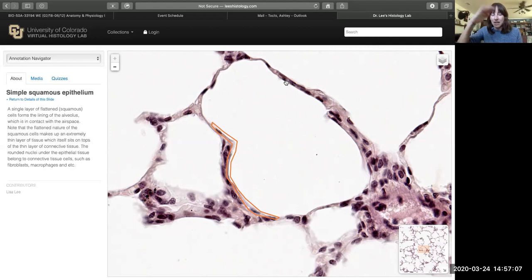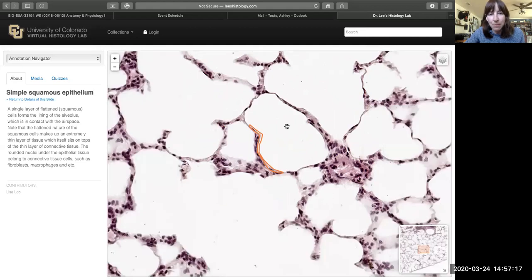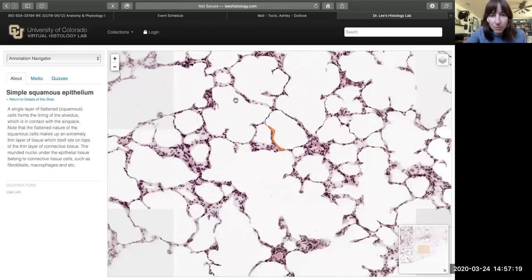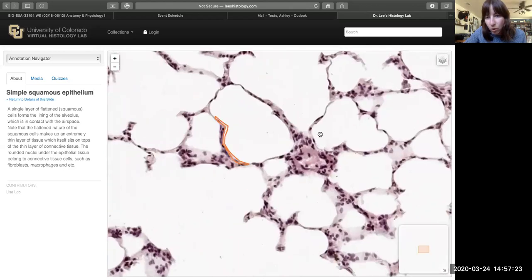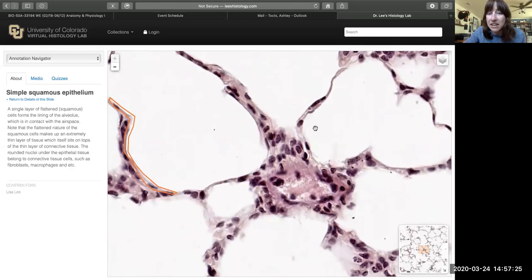So we're looking at the simple squamous epithelium in a cross section. Does that make sense? So when you're looking for simple squamous epithelium, I will give you an example where it is clearly a single row of very thin cells, okay?